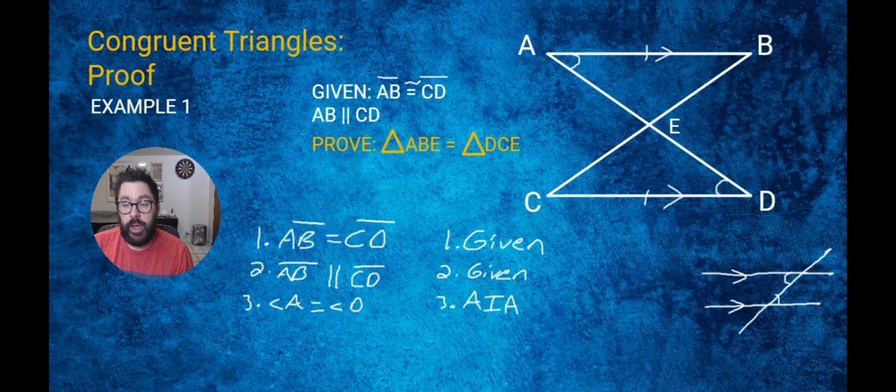And we also actually know, let's change the color here for a second, there's another set of alternate interior angles. This is all from that second clue. And so we have angle B. And what's the one on the other side of this?